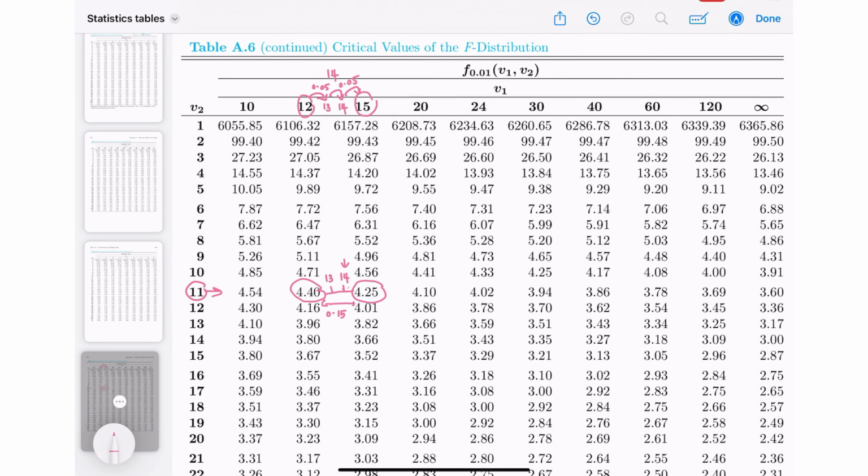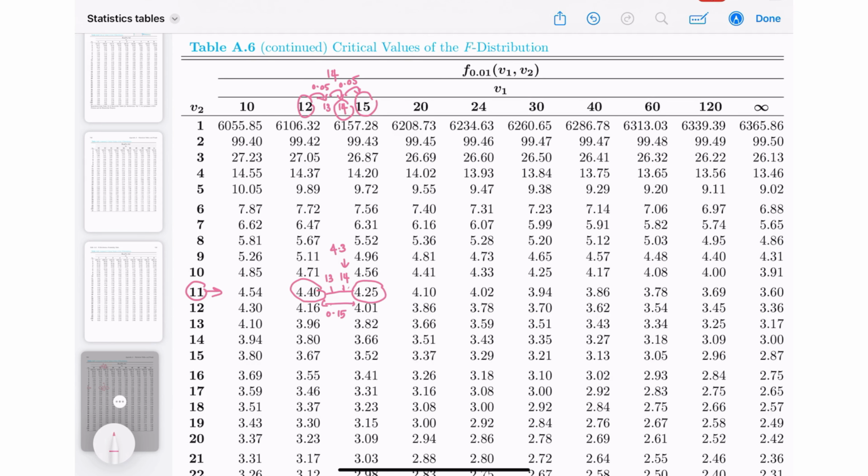To find 14, since 15 is 4.25, we need to add 0.05 to 4.25. So 4.25 plus 0.05 is 4.3, which means for 14 we can approximate it to be 4.3.